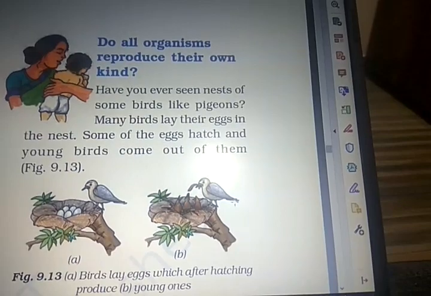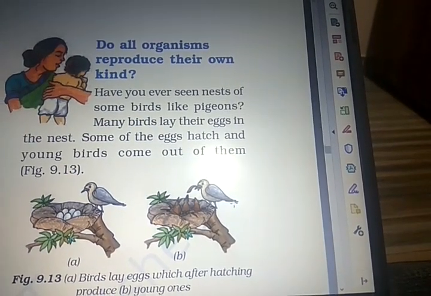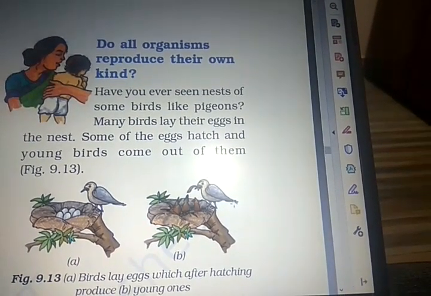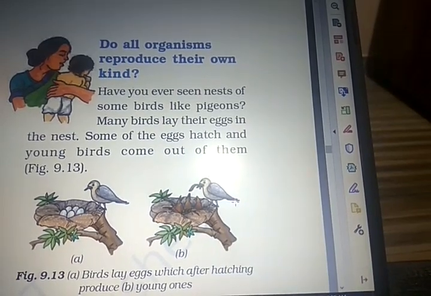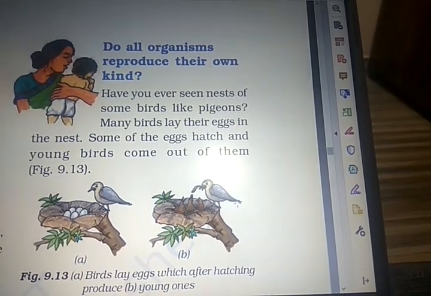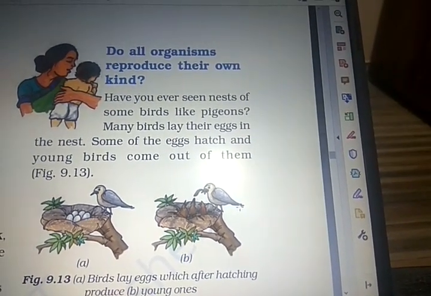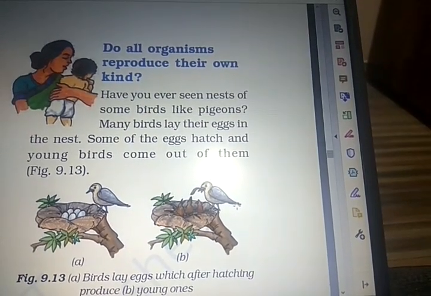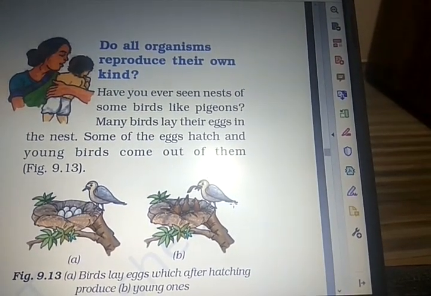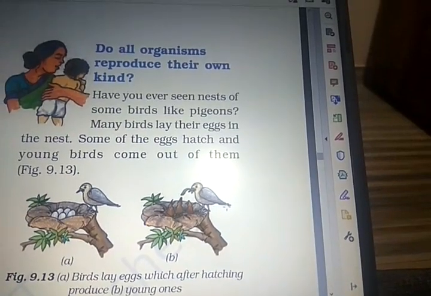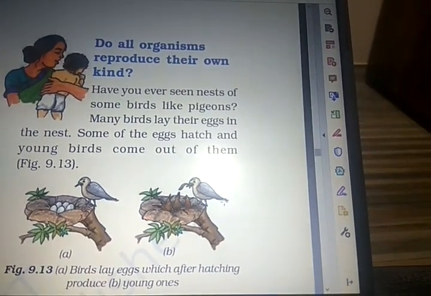Another characteristic: do all organisms reproduce their own kinds? Yes, right? Birds lay their eggs to produce offspring, and animals give birth to their own young ones, right?